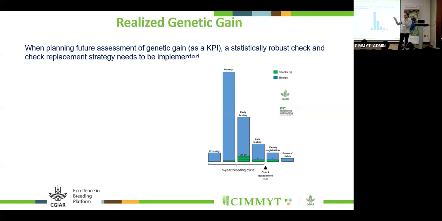We've done some work on simulations, but the genetic gain estimate is quite sensitive to checks and check connectivity and other issues. You have to be careful with the interpretation, because generally you need more data than you think you need. And certainly going back in time, it can be very difficult.